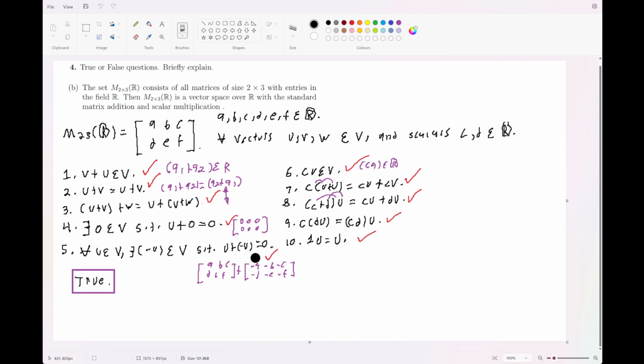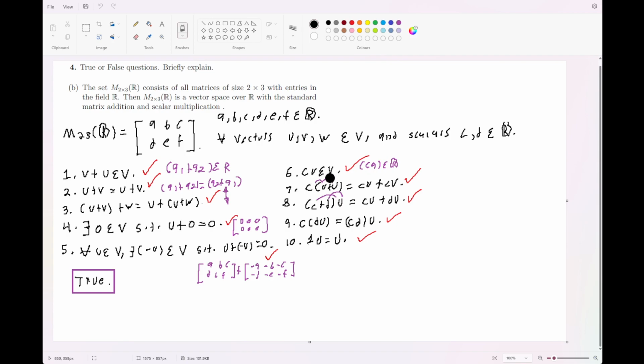This is the additive inverse. This is also true because we can have a, b, c, d, e, f all be positive. Those are all elements of R, so they're elements of our space. So then negative a, negative b, negative c, negative d, negative e, negative f is also an element of our space over R. So this will also be equal to 0 if we add them together, and they're both elements.